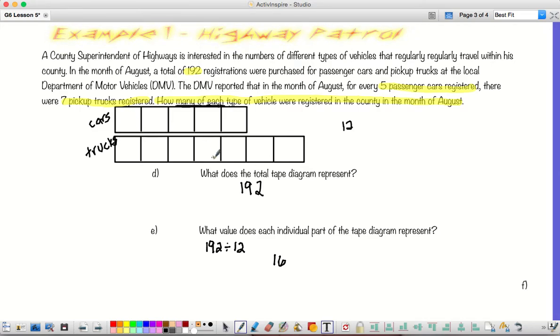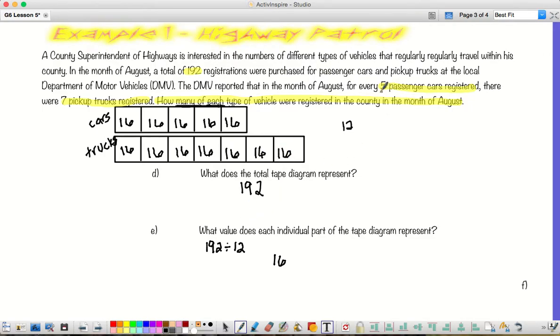When I break it down to the smallest or most simplified ratio, it's 5 to 7. But since I'm working with 192 total pieces, I need to figure out what each box represents in order to get me to 192. So again, I have 16 in each of these boxes, and when I add them all together, they're going to give me the 192 total vehicles that were registered in the month of August.